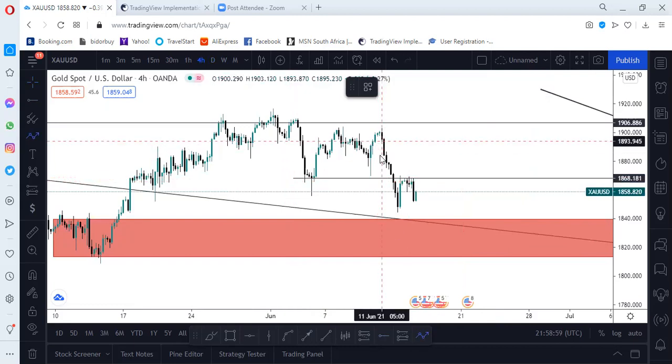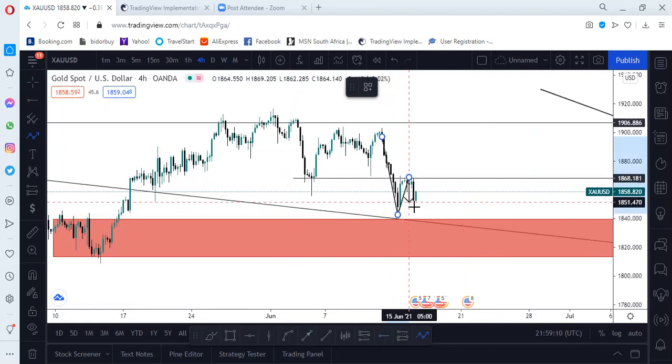This is what happened from Monday. It broke out of that support, retested it, came down, and now it's respecting the support that's there right now.